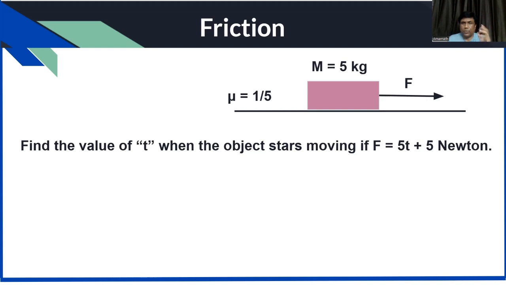You need to find the time when the block starts moving. Remember, when the applied force is equal to F max, at that moment the object starts sliding, starts moving.